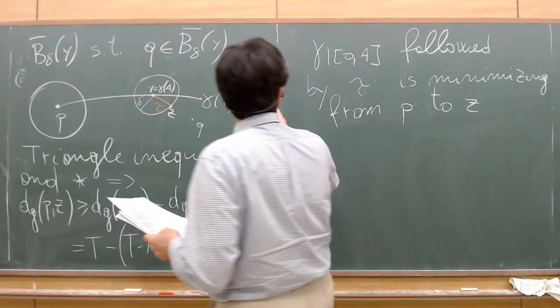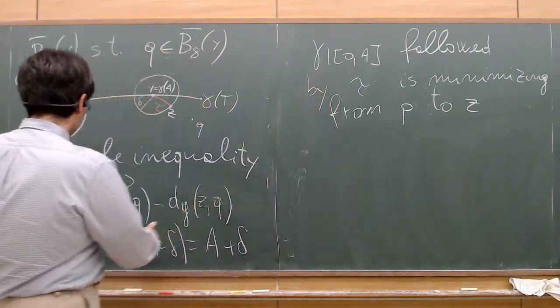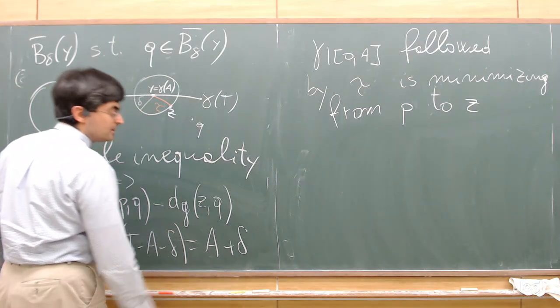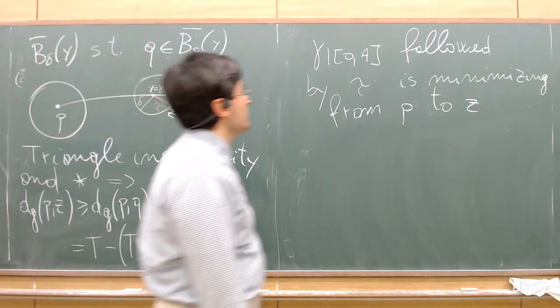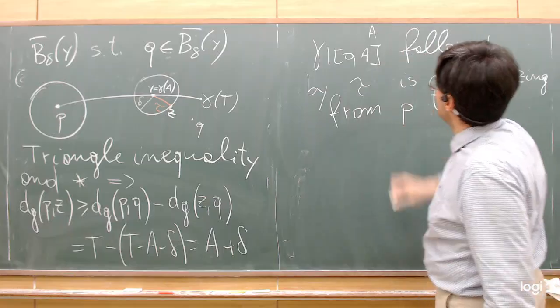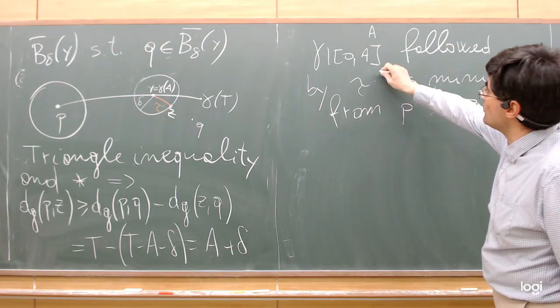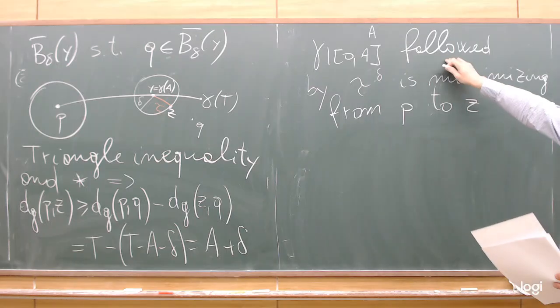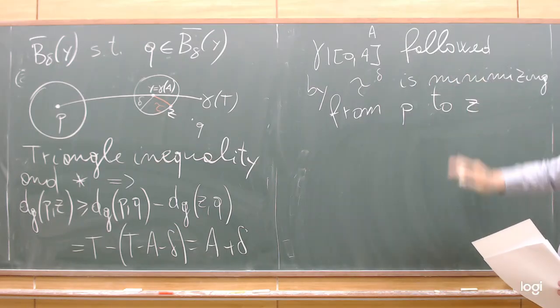Because the distance between P and Z is A plus delta, and the length of this curve is A, the length of tau is delta. So this curve has the good length.